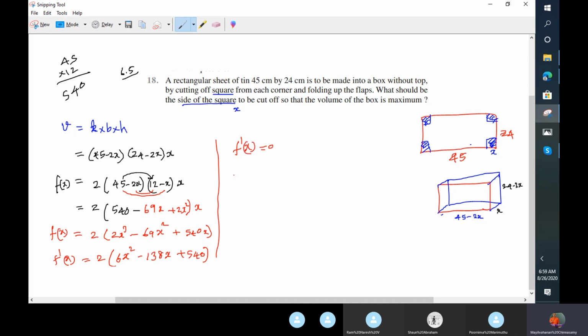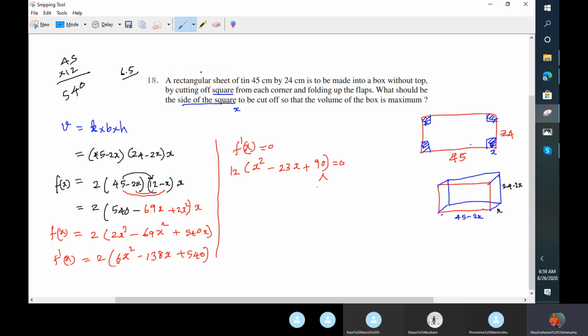At the critical point only we are going to get maximum or minimum. So take 6 common: x square minus 23x plus 90, which is equal to 0.